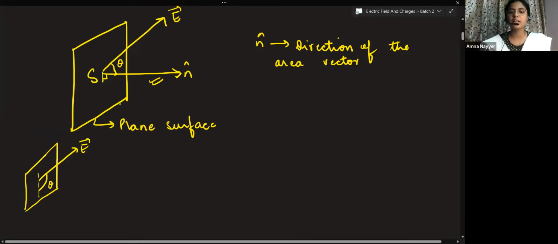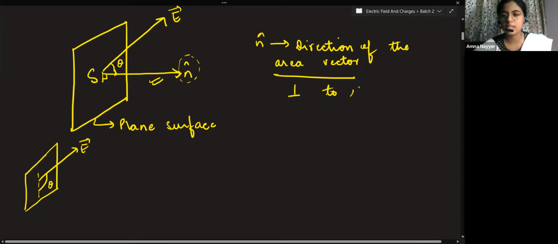This would have been the angle. But this theta is the angle between the electric field line and the perpendicular to the surface. And this perpendicular to the surface is known as the area vector. So the area vector gives us the direction perpendicular to the surface.